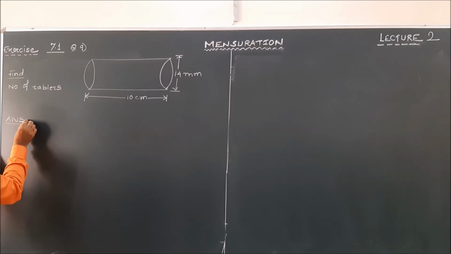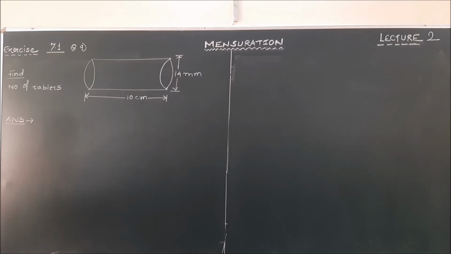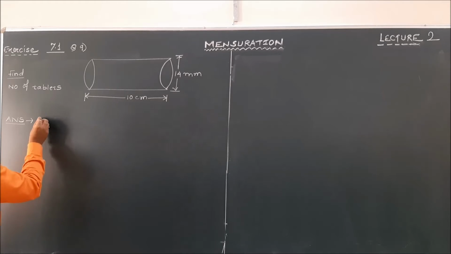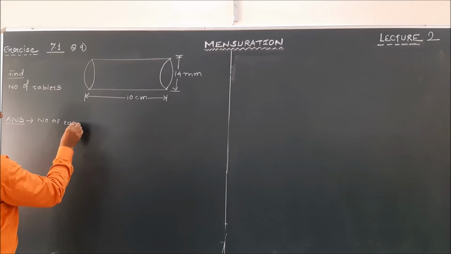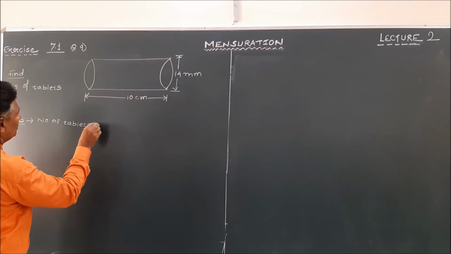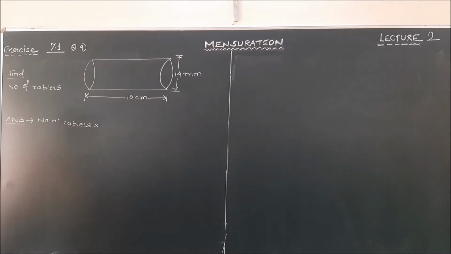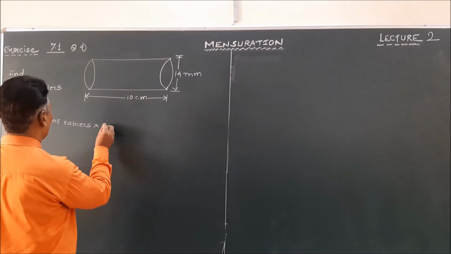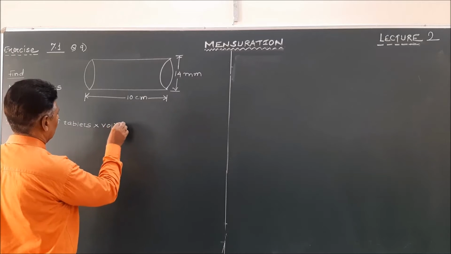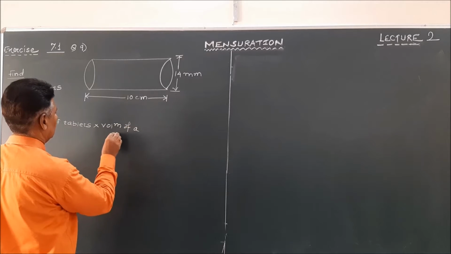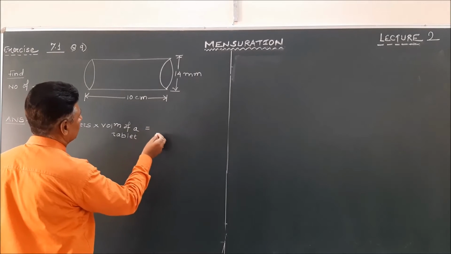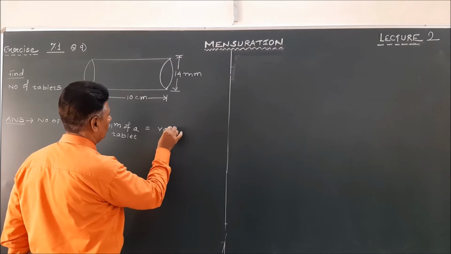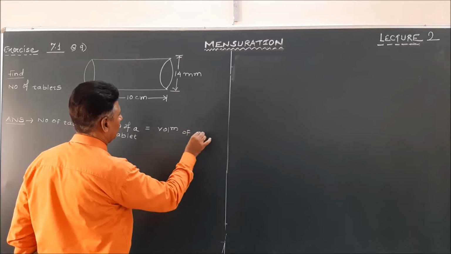Now please try to understand the formula: number of tablets into the volume of a tablet. One tablet is equal to the volume of a wrapper.